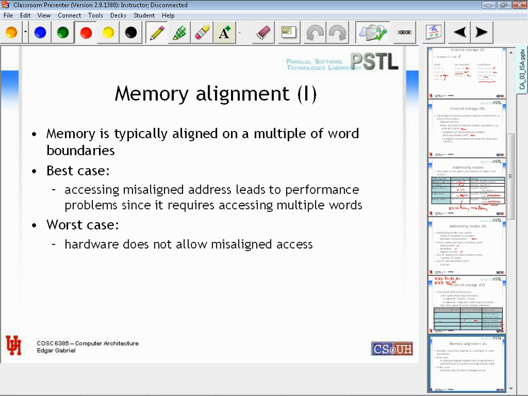Another issue arising when dealing with memory, when defining the behavior of an instruction set architecture with respect to memory and to addressing, is what is called memory alignment. So the idea here is that typically the data types that you are supporting can only be stored starting from a certain memory address.